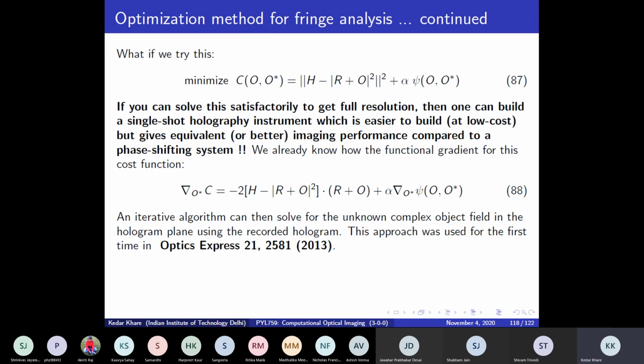And O is not taken from the quadratic equation, but it is anything you can start at random and you can improve that solution iteratively. So one possibility, for example, is, if you have the Fourier transform method solution, which is low resolution, but it is possibly a close by solution, you can start with that as the initial guess and keep updating, minimizing the cost function such that the resolution actually improves. Okay, so that is also one possibility.